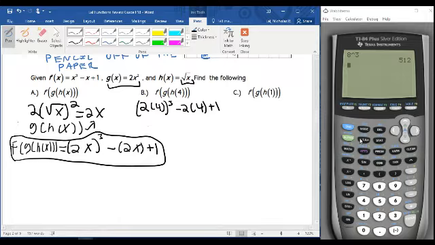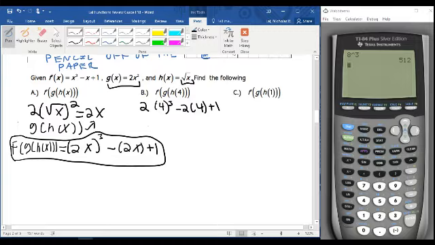Actually, let me note an order of operations point here. There are no parentheses there. So before I write that down, what you would actually do is cube the 4 first.